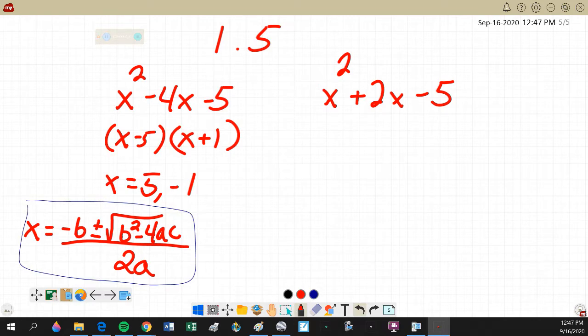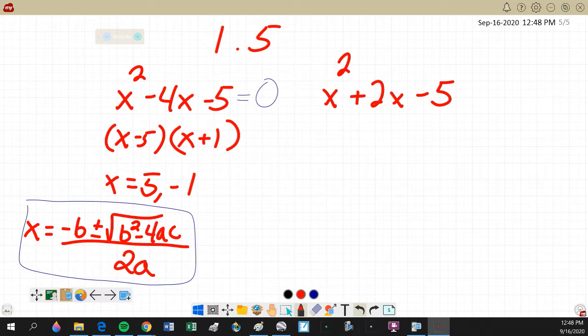So let me do this on the one that we already know the answer to, and then I'll do the other one. In order for this to work, you have to have everything on the same side of the equation. You can't have stuff on one side and on the other side, and you also have to have everything in order. Your x squared has to be first, then your x, then your constant.